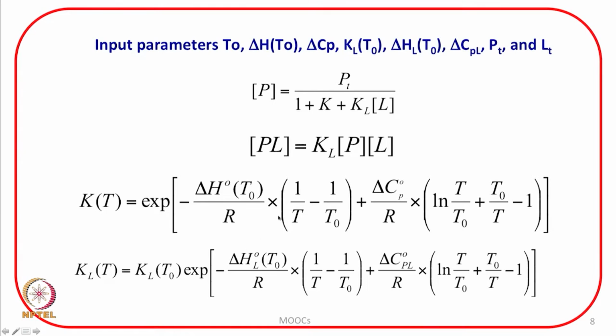Now, the question is, when you want to get KL, we need to know the concentration of P and the concentration of L in the free form, and we have just discussed how to get them by using the equations under the simulations head.